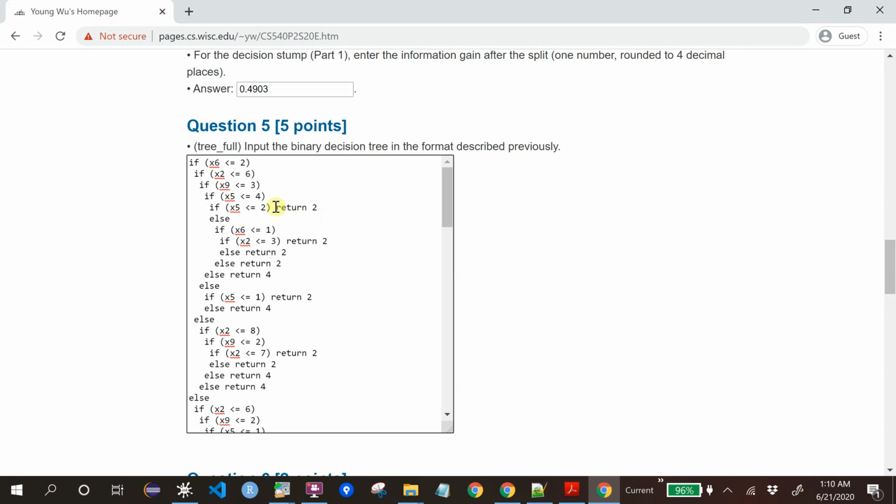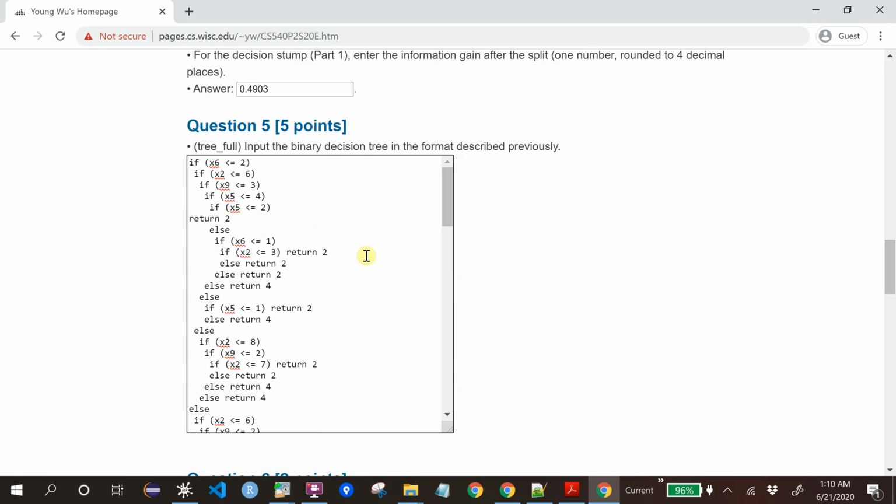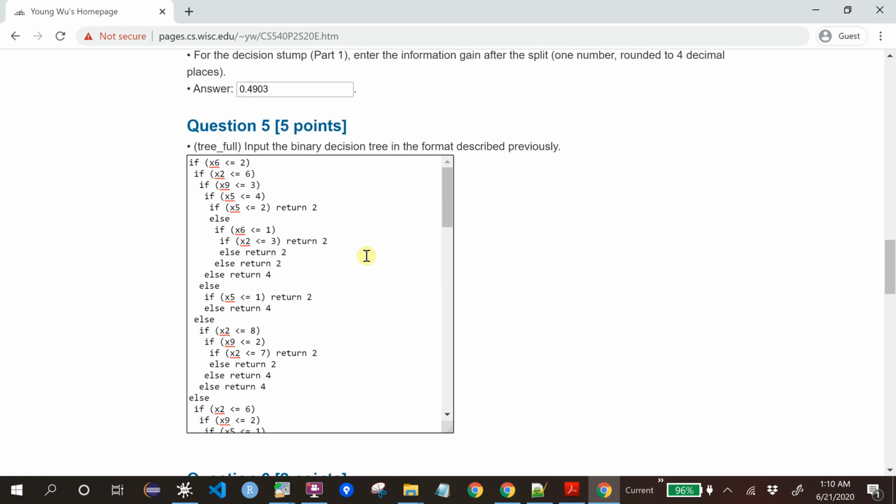Also, return should not be on a different line. If you have return like this, I won't be able to recognize it. Return must be on the same line as if or on the same line as else. The complete tree structure should look exactly like this. You don't really need the brackets, and you don't need the space, but I recommend having the space so that it's easier to see what's happening.